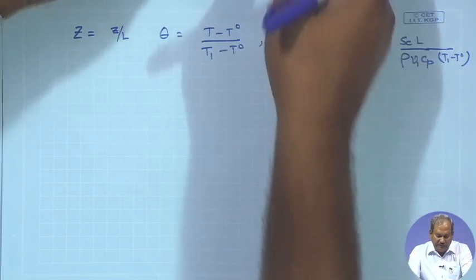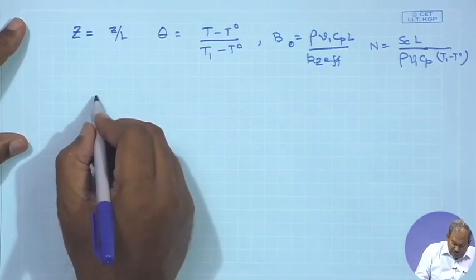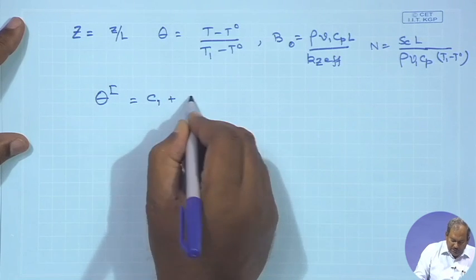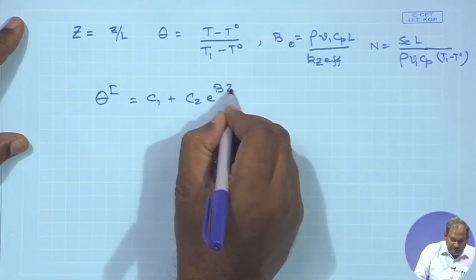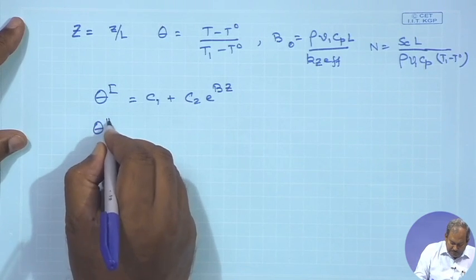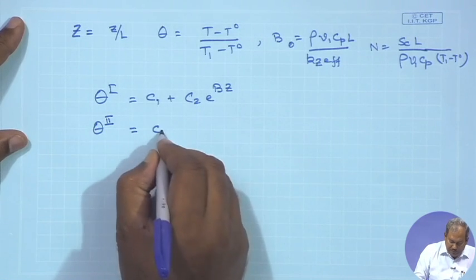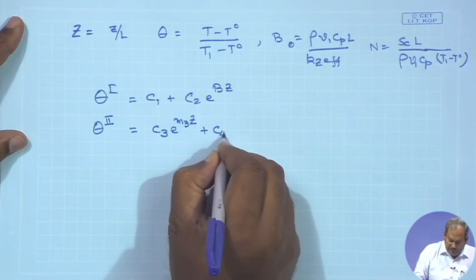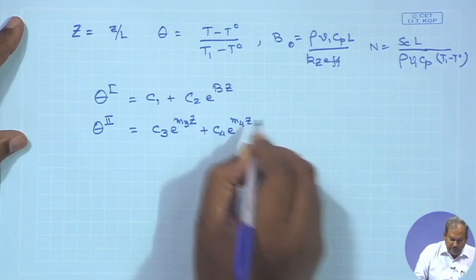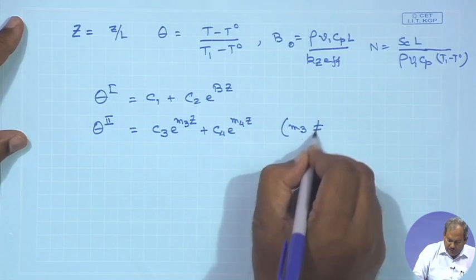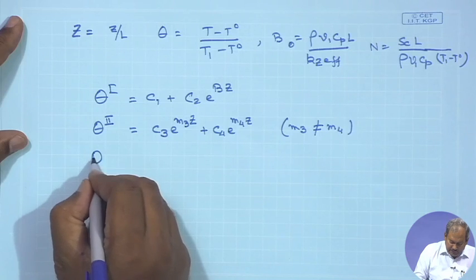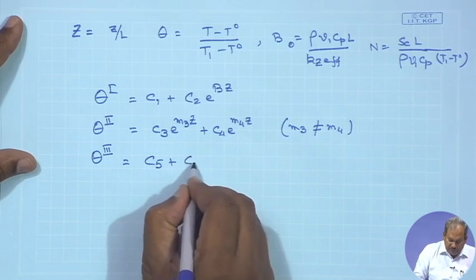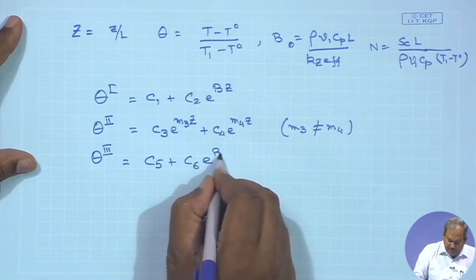These three equations were then solved to obtain theta 1 is equal to C1 plus C2 e to the power Bz. The temperature profile for zone 2 would be equal to C3 e to the power M3Z plus C4 e to the power M4Z, where M3 is not equal to M4, and theta 3, the dimensionless temperature in zone 3, would be C5 plus C6 e to the power Bz.